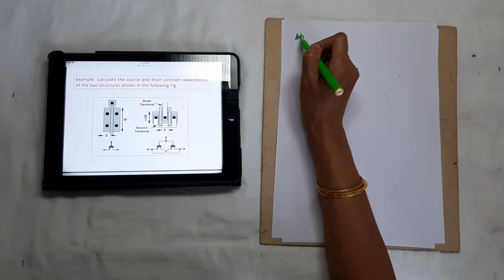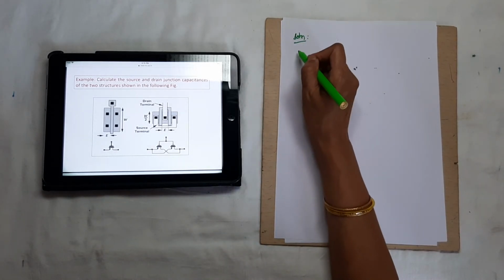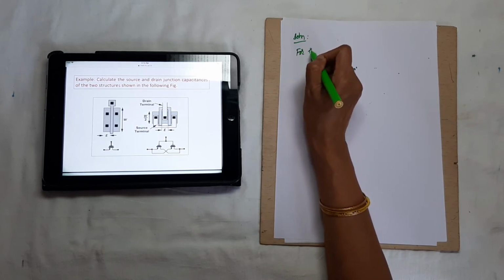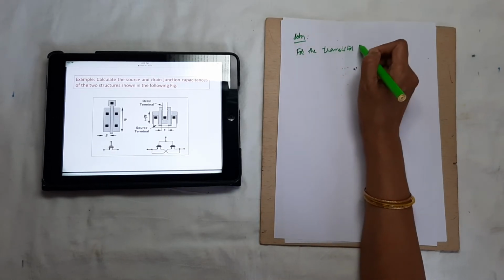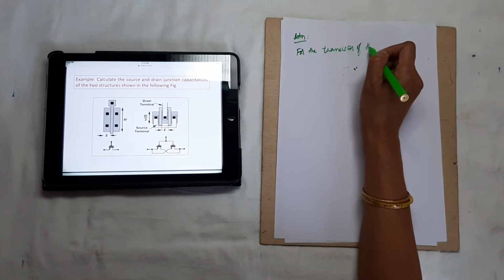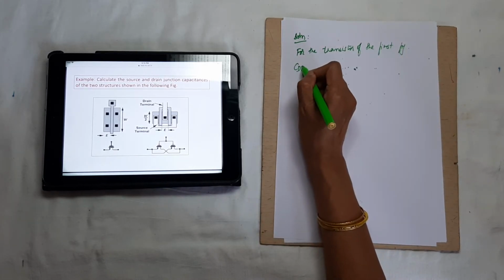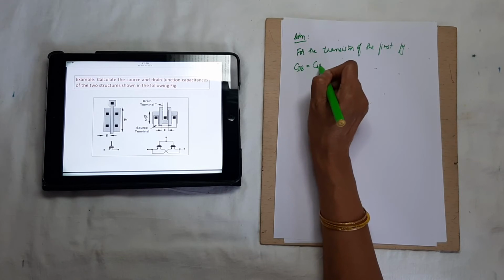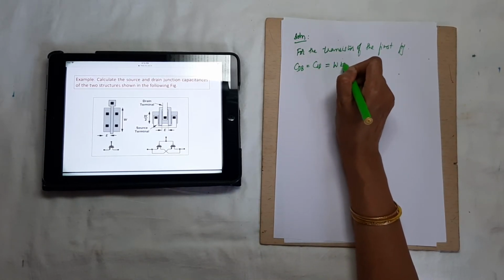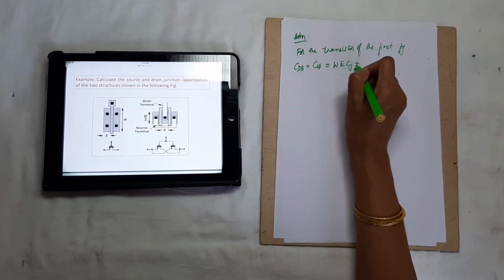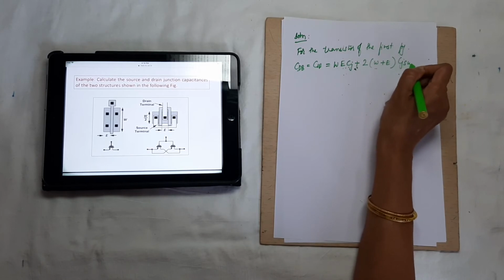Solution. For the transistor of the first figure, CdB is the drain to bulk and CSB is the source to bulk capacitance, given as W E Cj plus 2 times W plus E into CjSW.